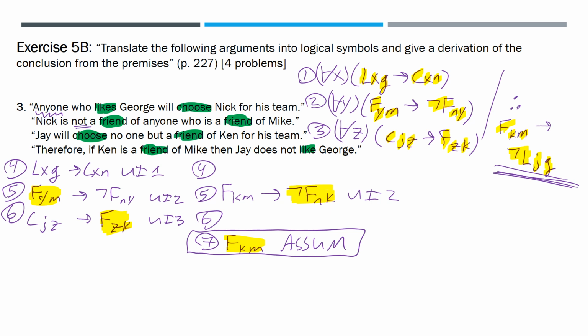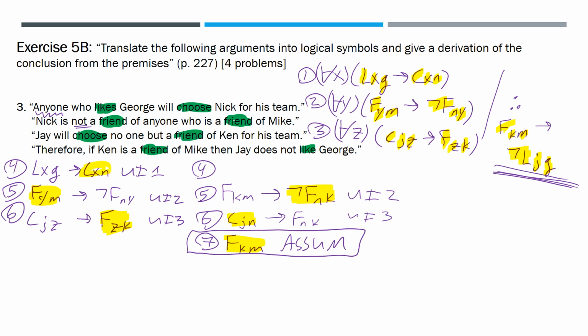So for line 6, we now have CJN, arrow, FNK, universal instantiation 3. And now, here we have this CJN.